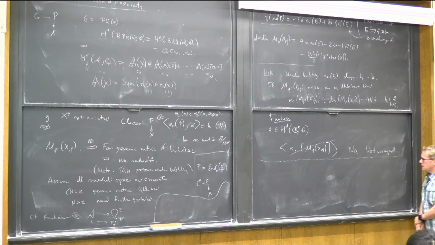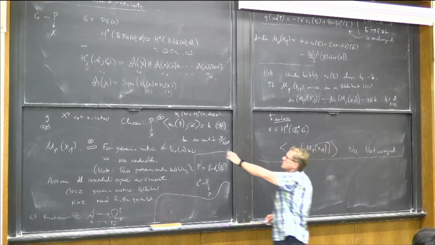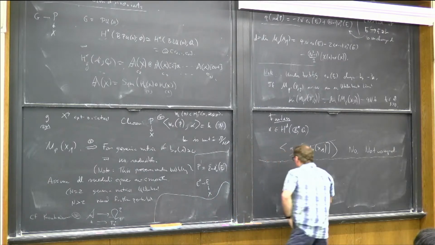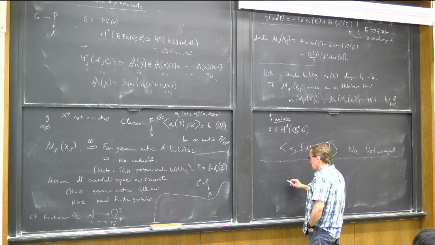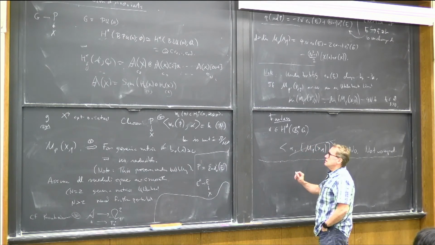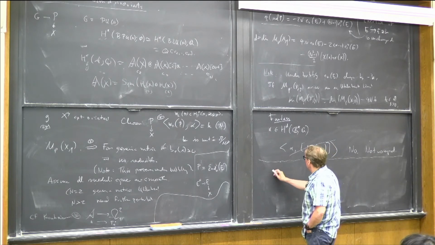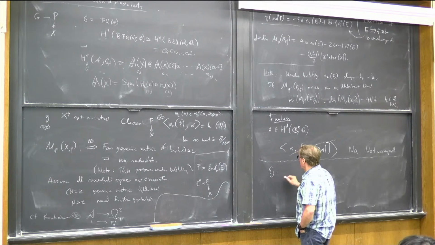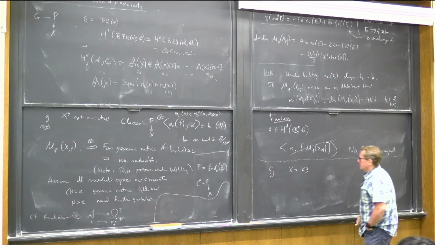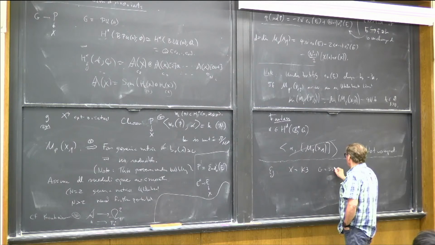Okay. So let's think about this once again a little bit more. Before we do that, let's look at an example. Suppose X is a K3 surface, and G, well, let's make it SU2.